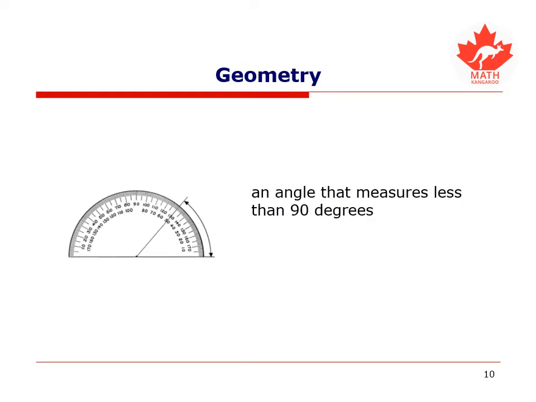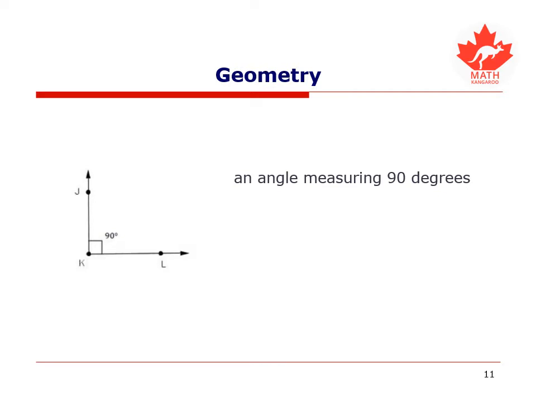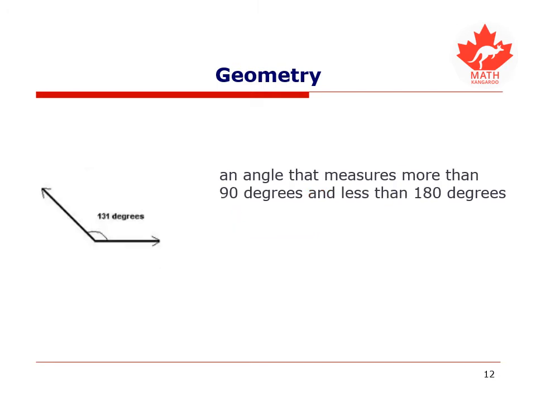An angle that measures less than 90 degrees. Acute angle. An angle measuring 90 degrees. Right angle. An angle that measures more than 90 degrees and less than 180 degrees. Obtuse angle.